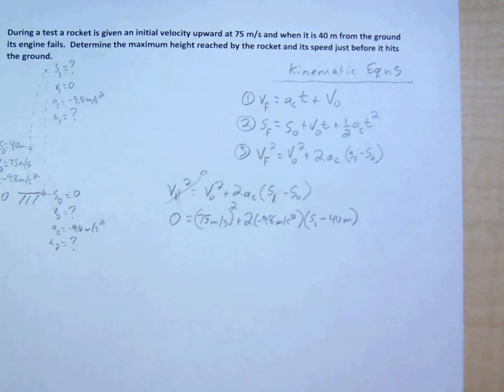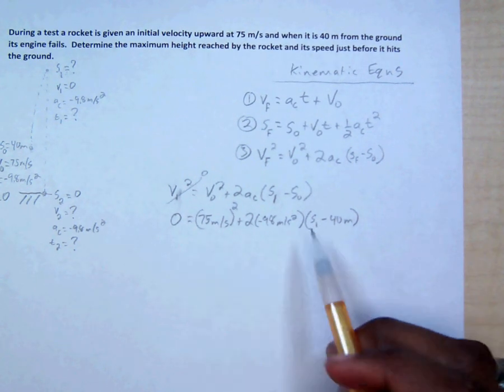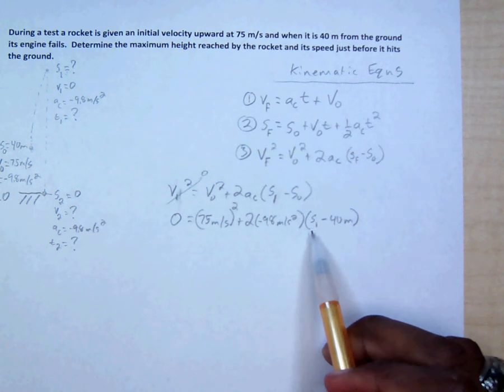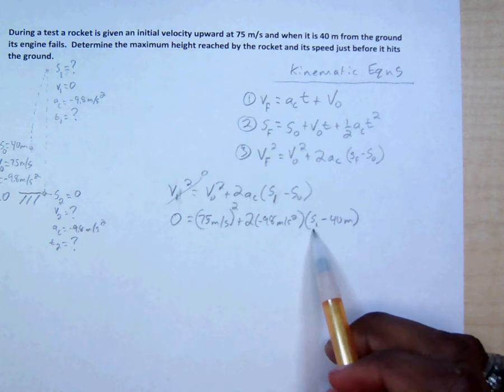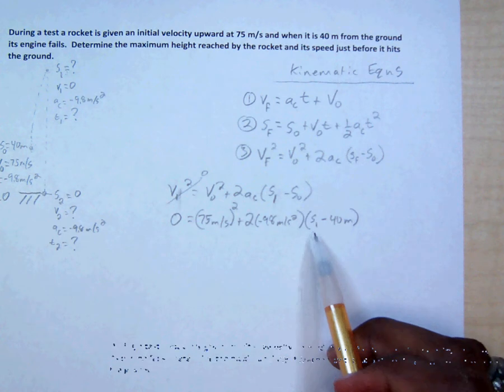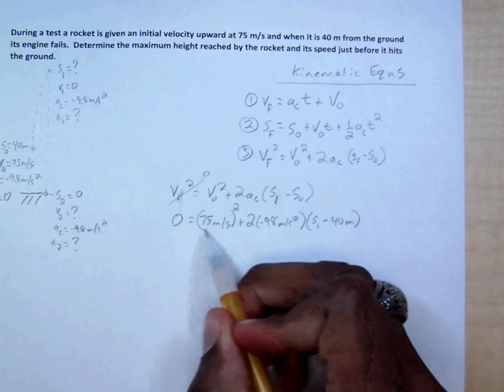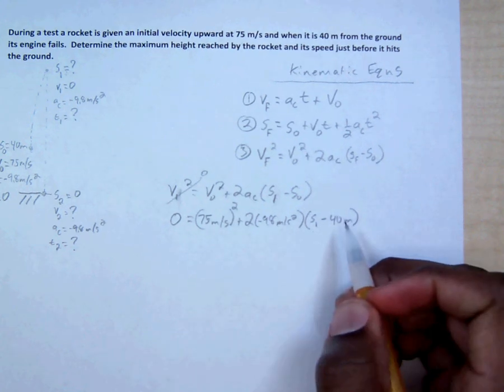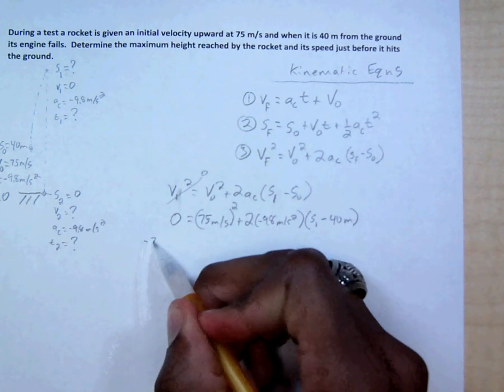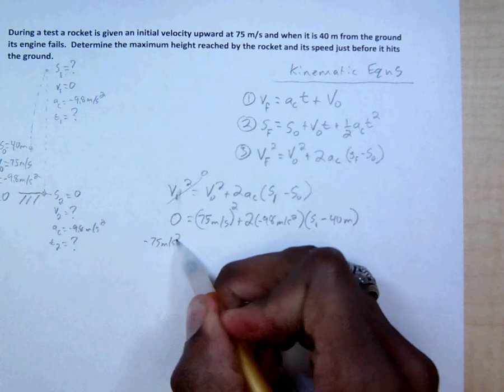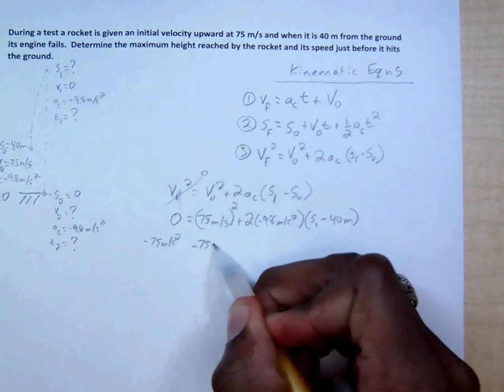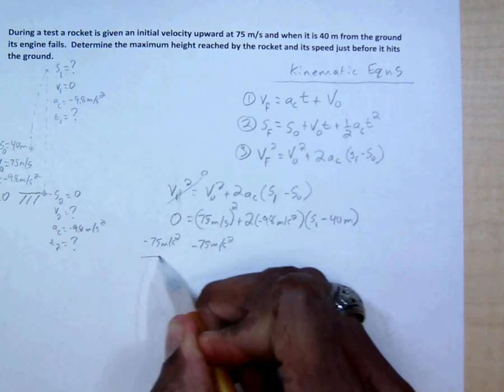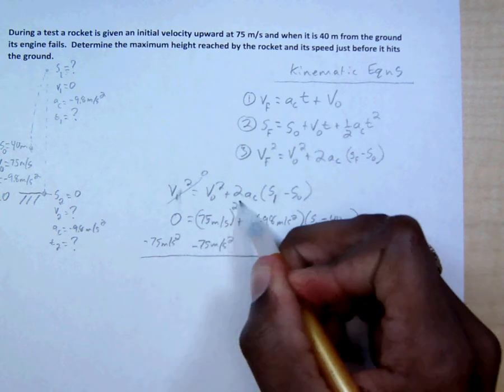Okay, now from here, what we want to do is solve the equation for the position at 1. In doing that, the first thing I'm going to do is subtract 75 meters per second squared from both sides. So minus 75 meters per second squared, minus 75 meters per second squared. What does that do? That cancels out here.